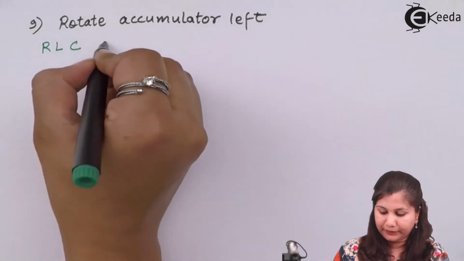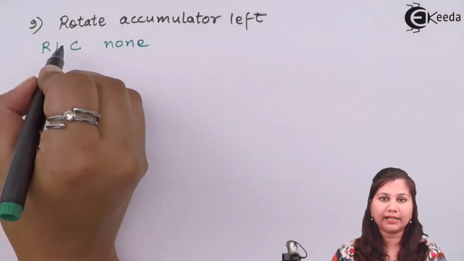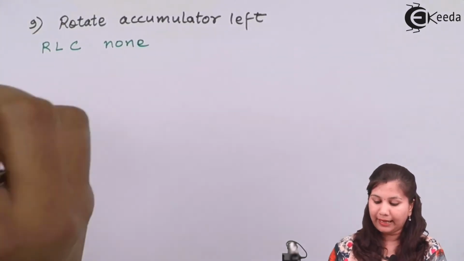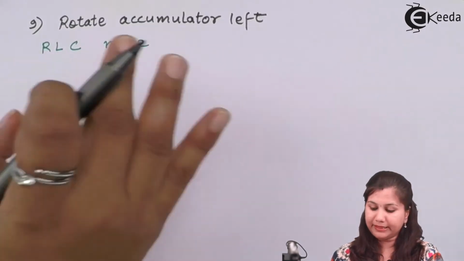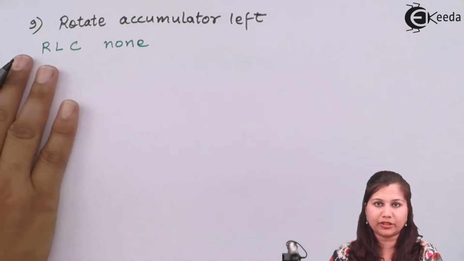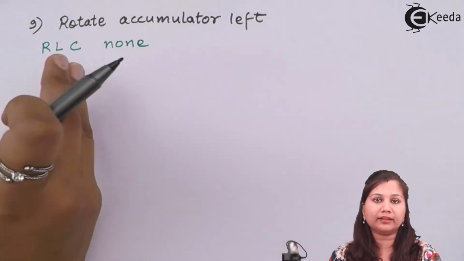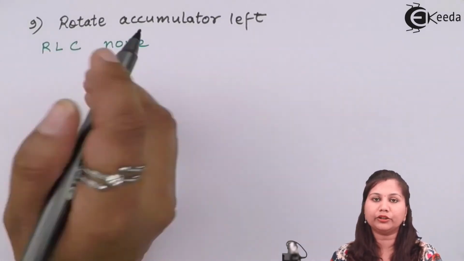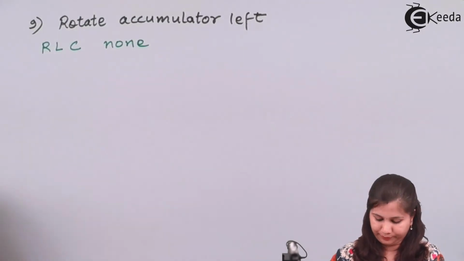There is no operand in it. Only we are going to write the mnemonic RLC in the program, and the operand is implicit in the instruction itself. Means whenever we are writing RLC, it is going to rotate the contents of the accumulator to the left hand side by 1 bit.